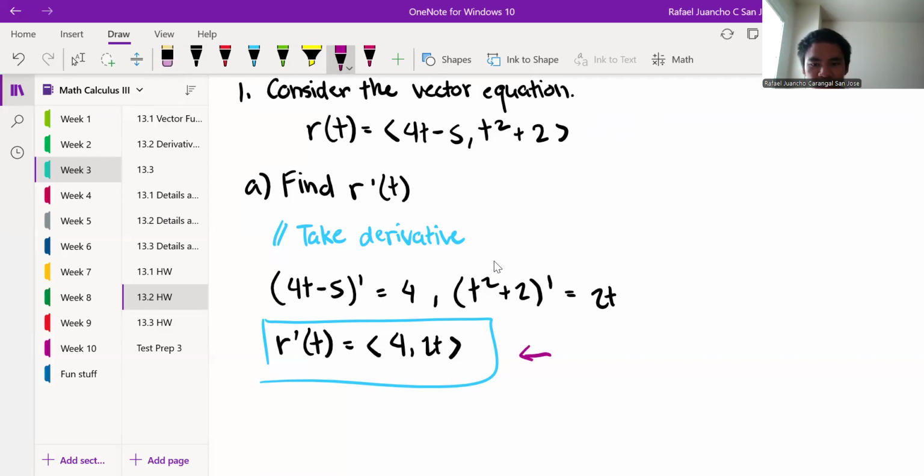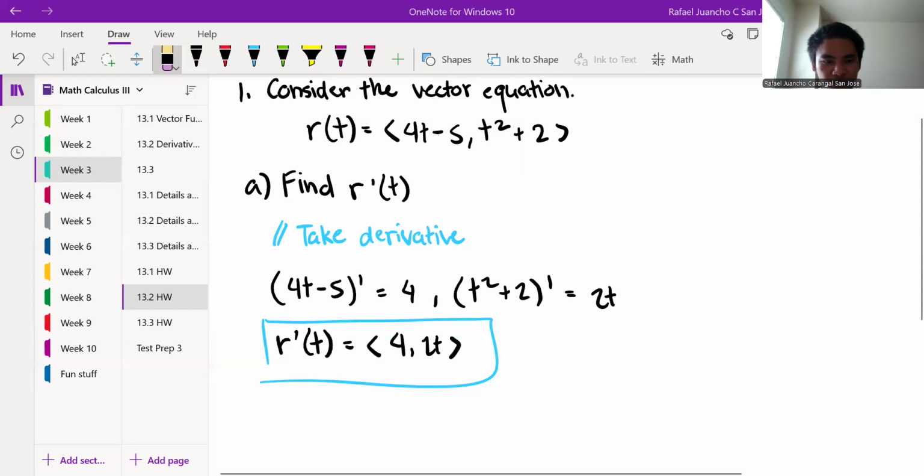And here we'll be able to analyze what our velocity or speed is at that point. So that's the basic idea. So let me just quickly type that in. 4 comma 2t.